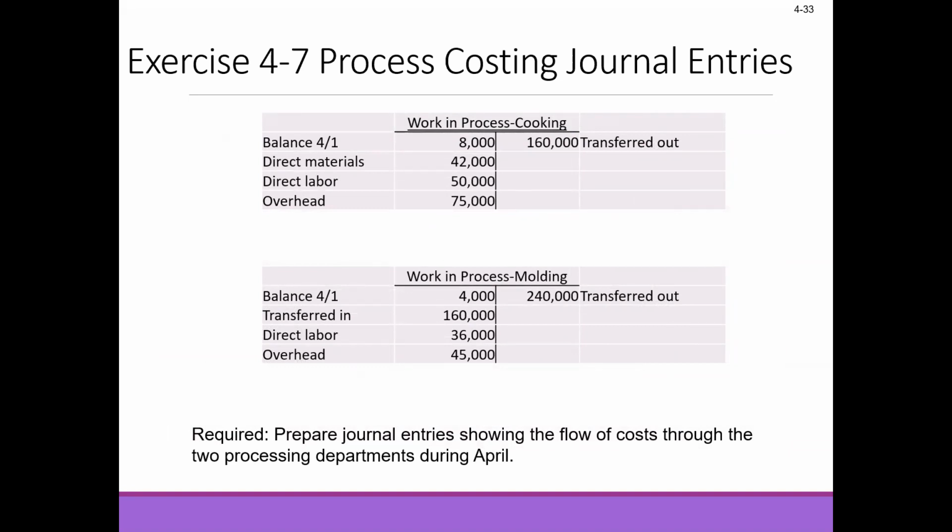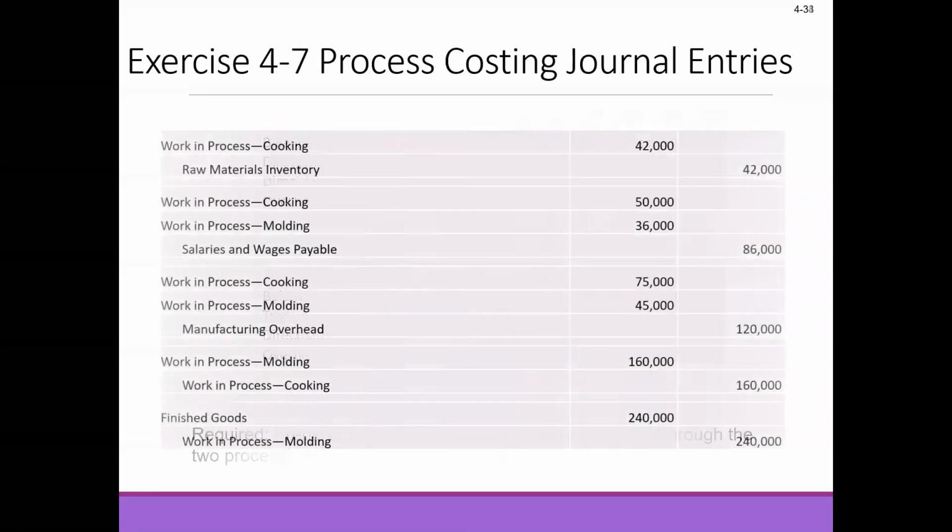You see 42,000 there. You see direct labor 50,000 and overhead of 75,000. So our work in process, we debited work in process for cooking of 42,000, and we credited the raw materials inventory for 42,000.